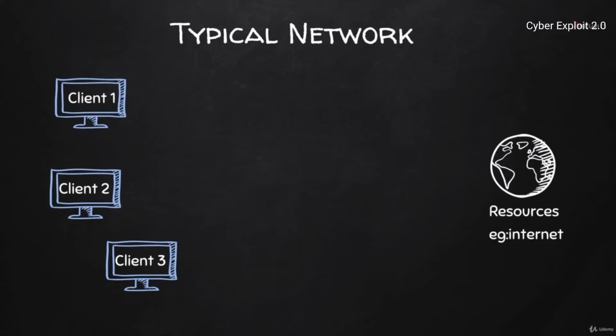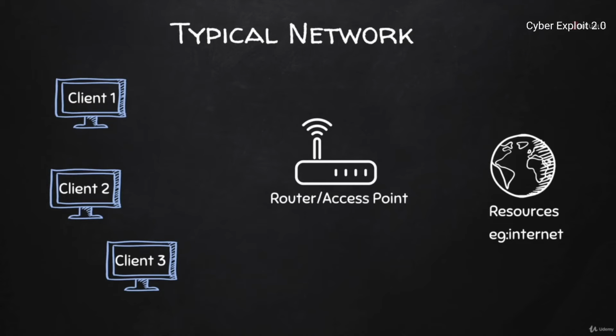Now, all networks, whether it's Wi-Fi or wired, work on the same principle. They have a device that is considered a server. In many cases, for example in your home network, this server is your router. This is also referred to as an access point.